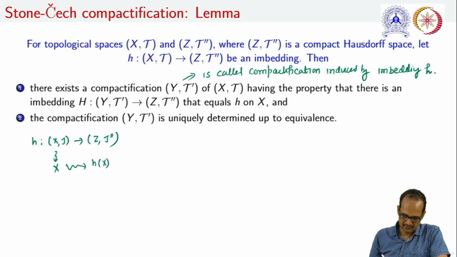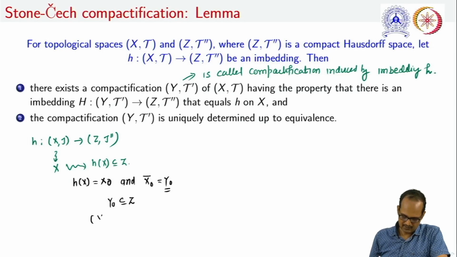Note that H(X) is a subset of Z. What we can do here is take this H(X) as a new set, X naught, and further let us take the closure of this X naught as Y naught. So what we have in our hand is that this Y naught is a subset of Z.